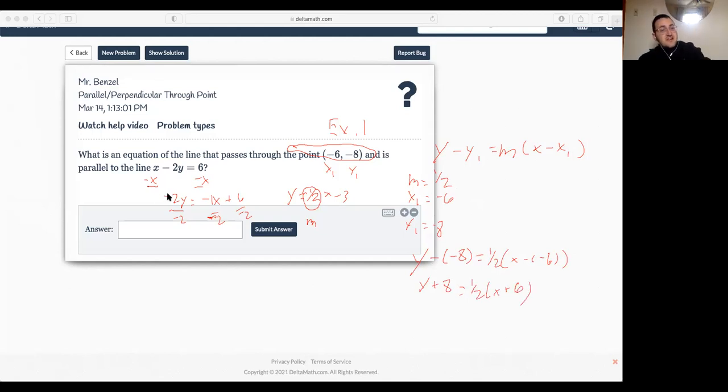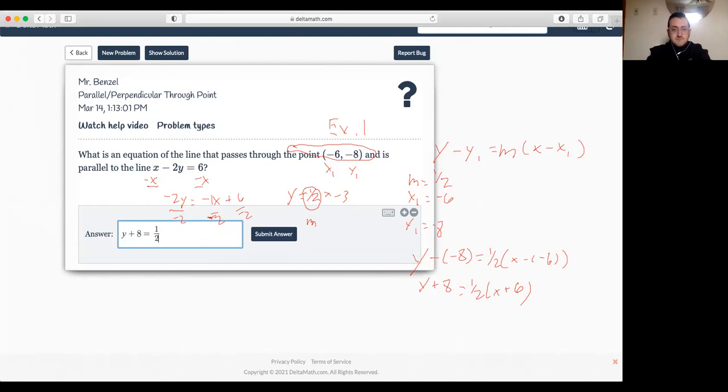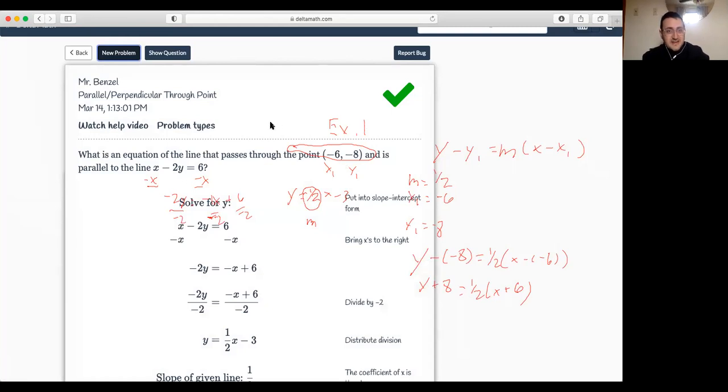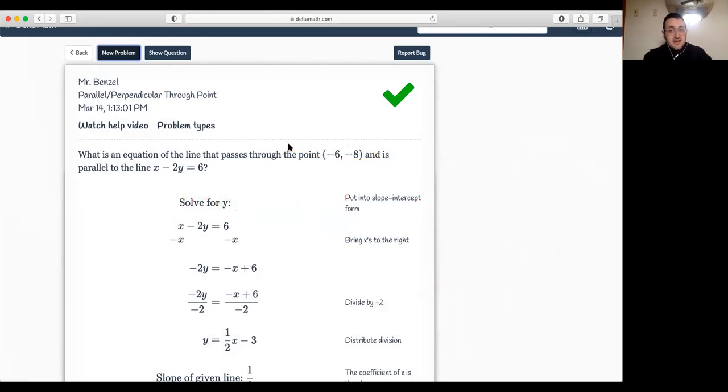And I'm just going to write it in that form. And we are good. So that is how we do the parallel lines through a point. Next class, we're going to get some practice with perpendicular lines through a point as well.